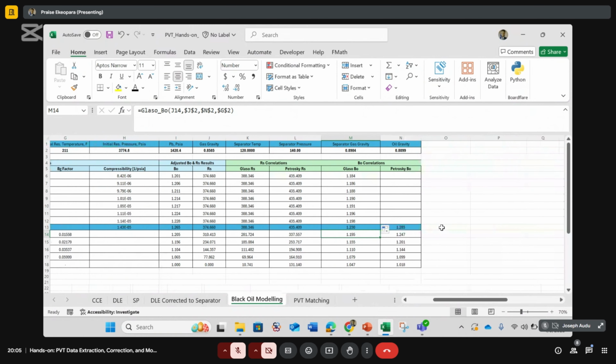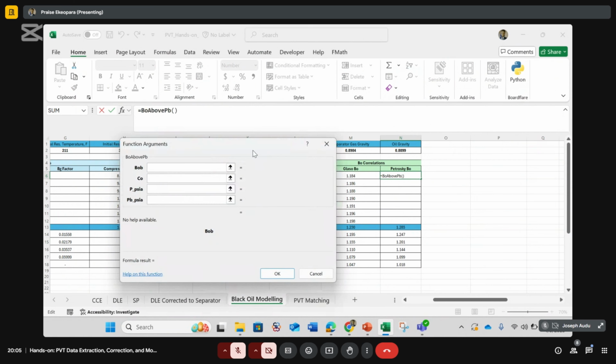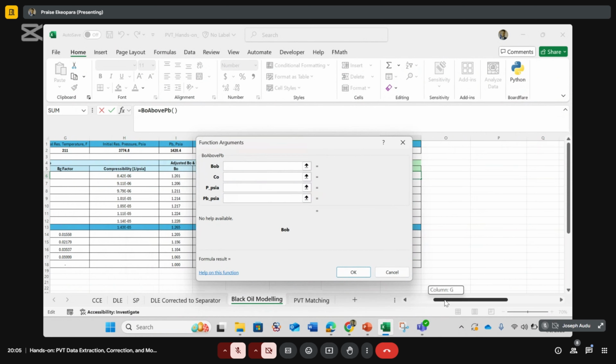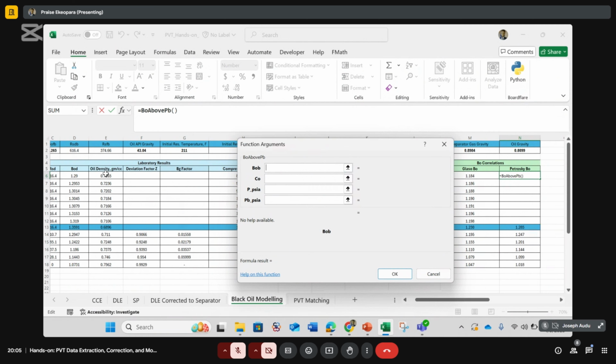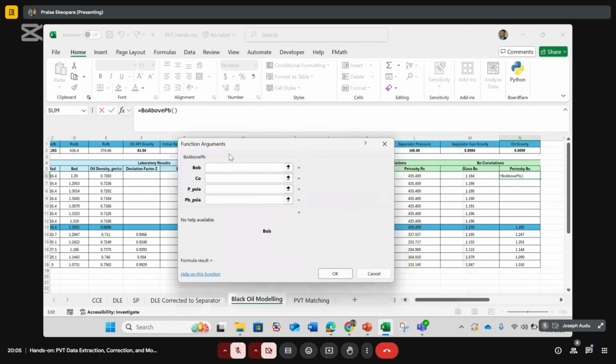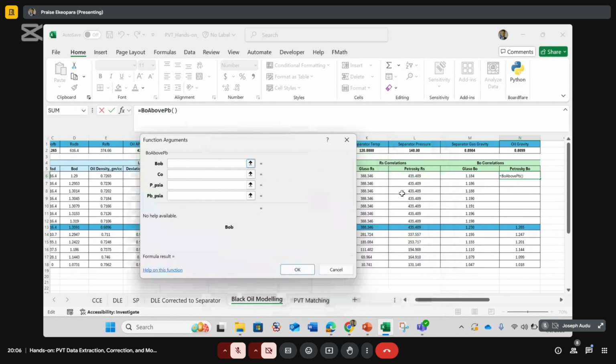Then do the same thing for Petrosky, which is BO above. These things are key. We are doing it the hard way for you to understand. On a normal basis, you are meant to use software to do it. But that's what you gain, and once you are done doing it this way, anywhere you see it, you are good to go.